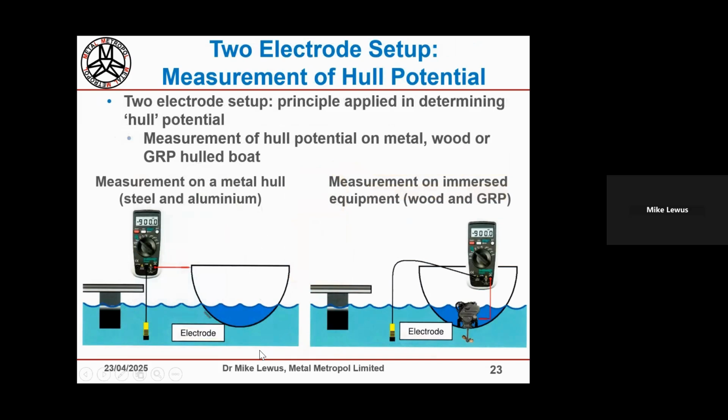I'm sure some of you have measured hull potentials, and typically you know what sort of potential you should get if your anodes are on in the various locations and are working properly. With the GRP vessel, we usually want to see something like about minus 800 millivolts. If you don't see that, it could be an indication that the anodes are spent or very much run down.